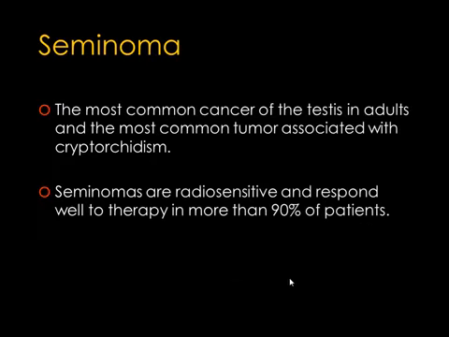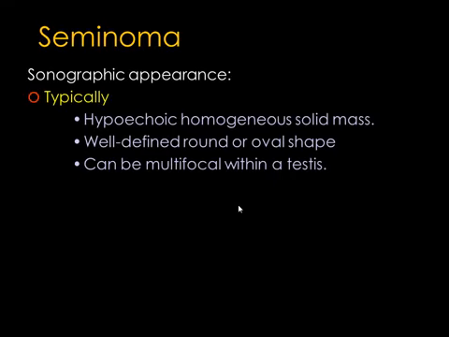Seminoma is the most common cancer of the testis in adults and the most common tumor associated with cryptorchidism. Seminomas are radiosensitive and respond well to therapy in more than 90% of patients. The typical sonographic appearance is a hypoechoic, homogeneous, solid mass.